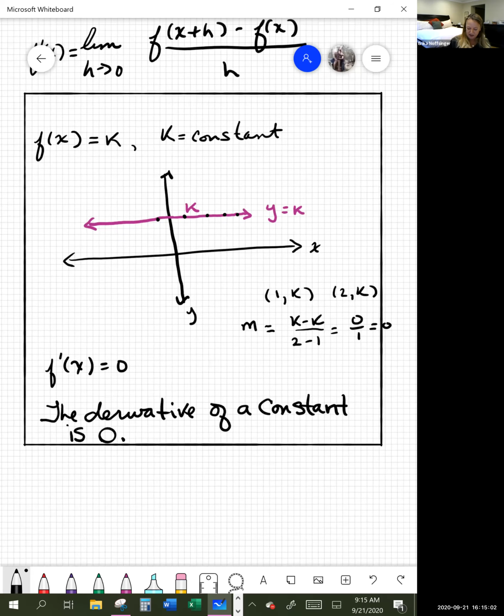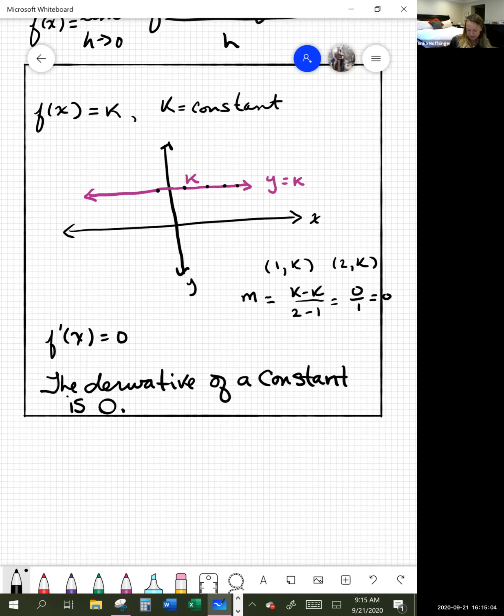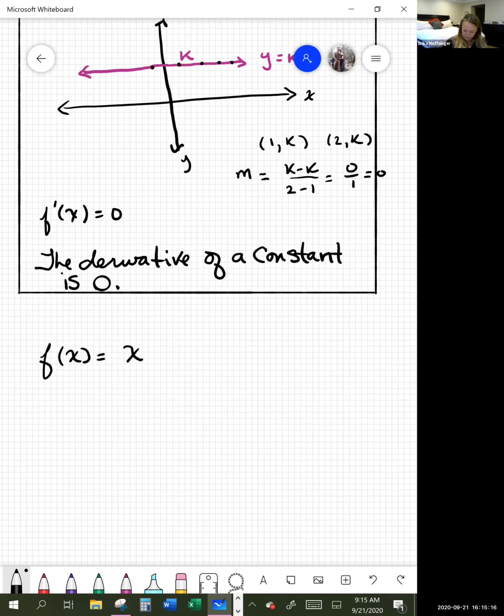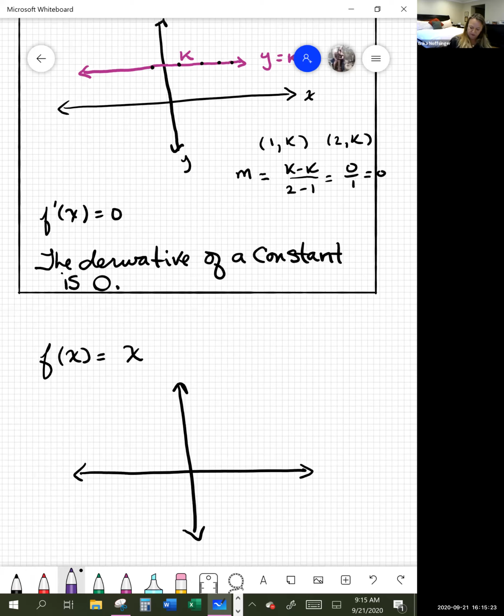So that's a main point. Now let's look at f of x equals just x. If we graph that line, if I plug in 1 for x, I get 1. If I plug in 2, I get 2. If I plug in 0, I get 0. Negative 1 gives negative 1. So I have this line.